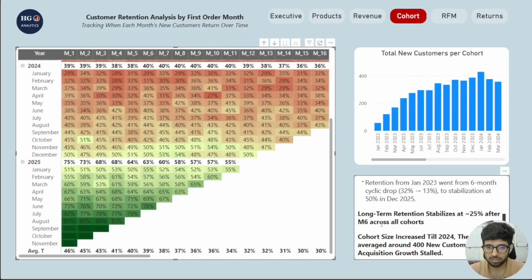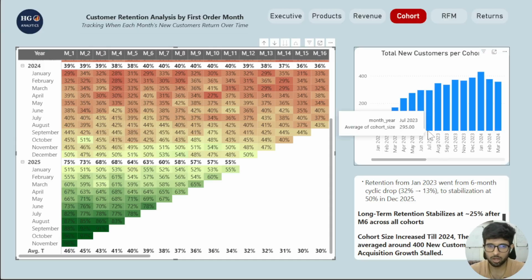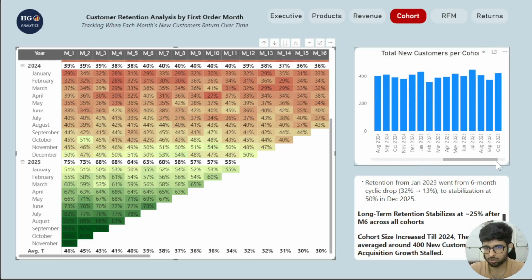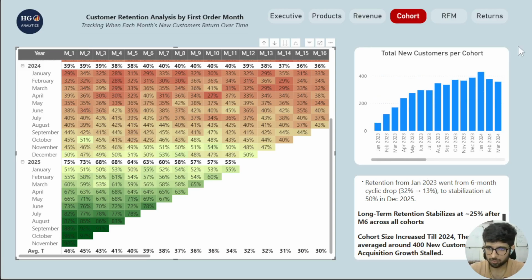Long term retention stabilizes at 25% across all M6 cohorts. And cohort size has increased till 2024. The number of people placing orders together has significantly increased until 2024, but after that the acquisition growth has stalled. If acquisition was growing, it would have gone like this.